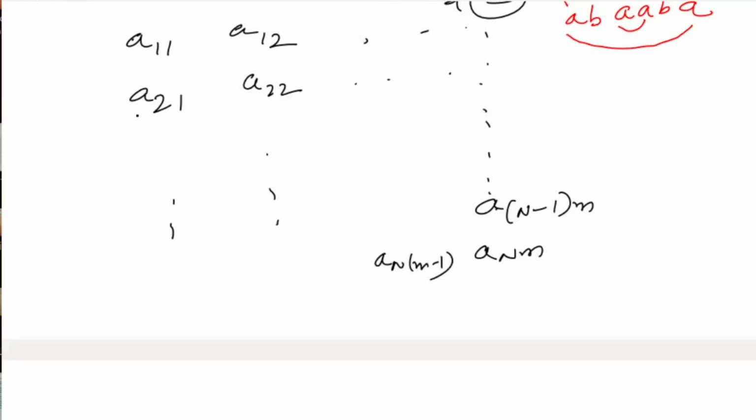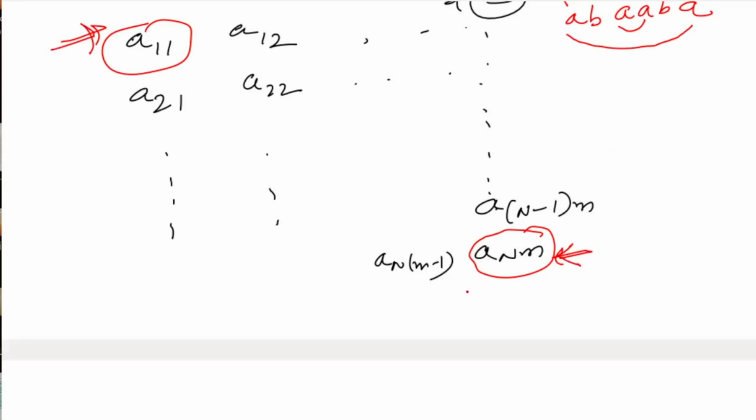Our goal is to reach from here to here. So you can see that we are at this position and the final position is this. Okay, so if we move along any path and generate some string, then the first character of that string is a11 and the last character of that string is a n m.